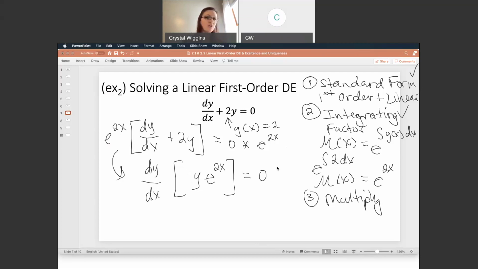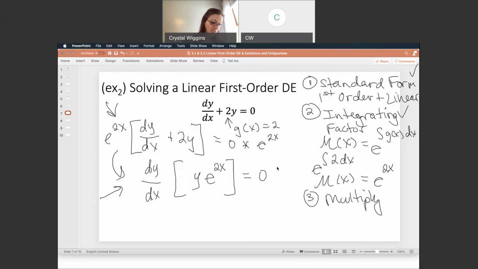Now, how do we get that? How do you believe me that that is a true rewrite and that I didn't change anything or solve anything? Why are those equivalent? Why is this form on the left side equivalent to this form? And it's because we are undoing the product rule. Take a look at what we're looking at.